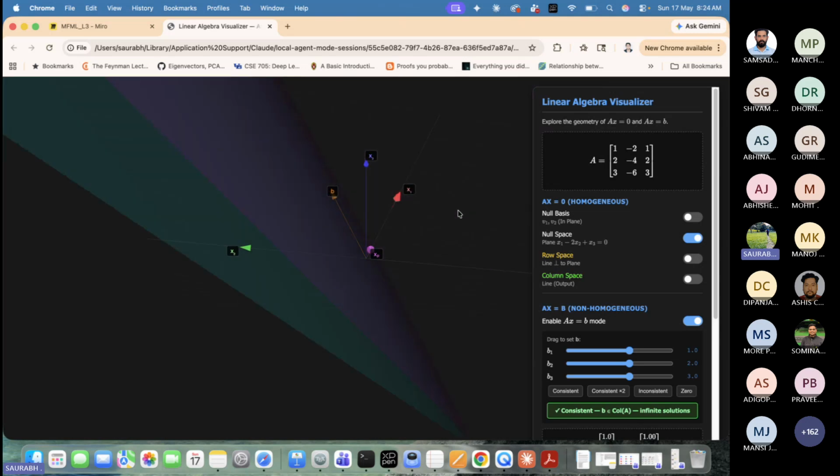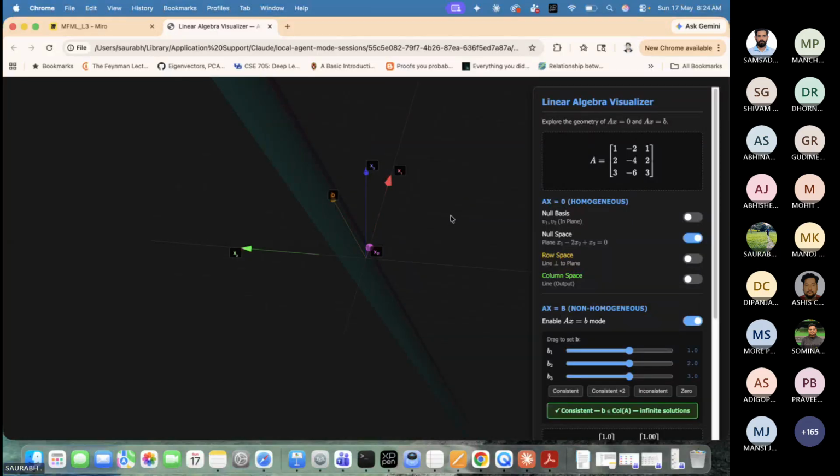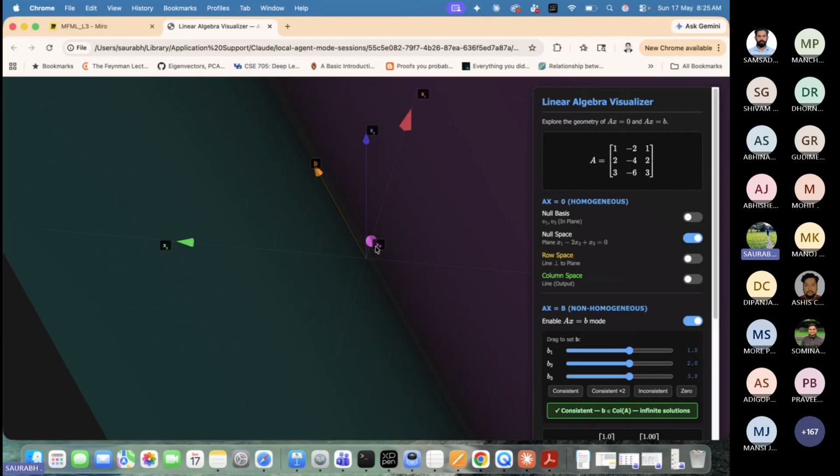So the answer to your question, Himani, is that the solution space actually does not contain the null space. It is different by an offset, and the offset depends on the value of your particular solution, because x = x_p plus the null space. This x_p is what gives you the offset.